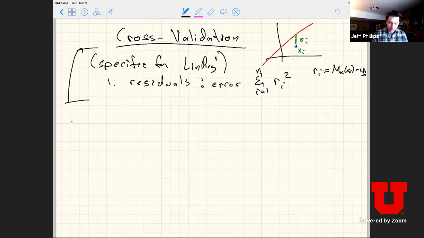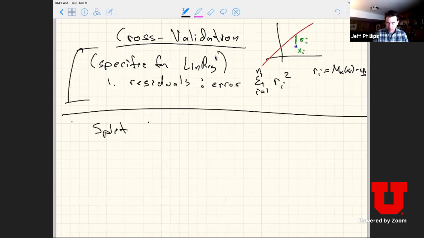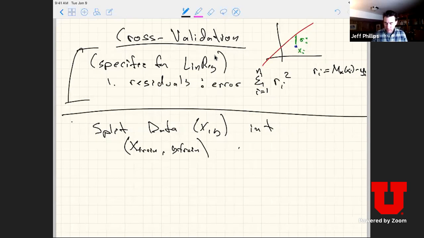Okay, and now for cross-validation, I'm going to split data x and y into x train, y train, and x test and y test. Okay, so I'm splitting the data.